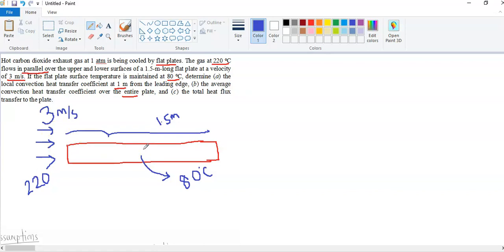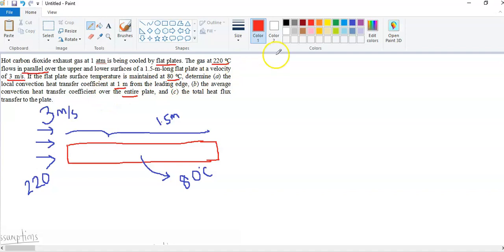The first part of the discussion is what will be the local convection heat transfer coefficient at 1 meter from the leading edge. As I said when I solved the first question and during my lecture, this is the leading edge, the start of the plate, and this is the trailing edge.